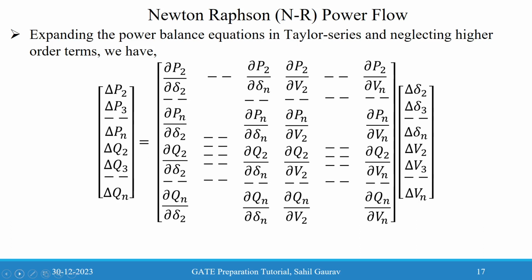Here we can see that if you divide this into parts, all terms here are identical. We can take it as Jacobian one, J1.